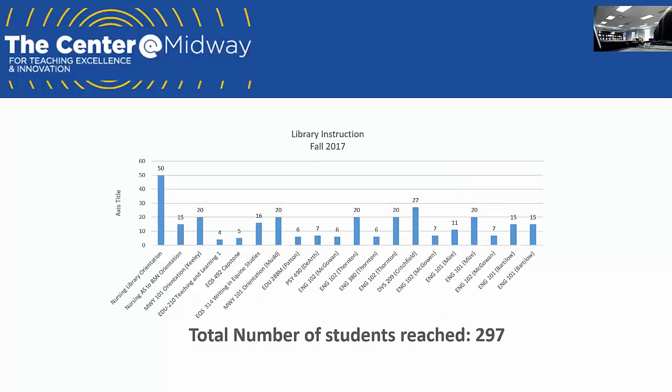Okay, library instruction. We did some level of information literacy training for 297 students, which, given our face-to-face, we did none online this semester, so that's all face-to-face. That's more than the number of total face-to-face students we have.